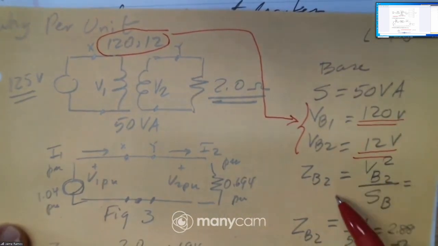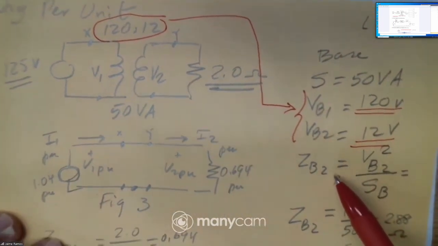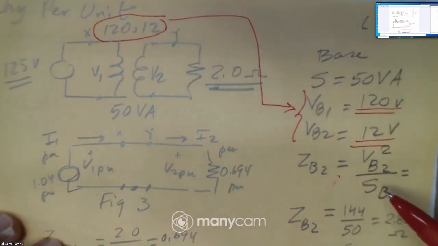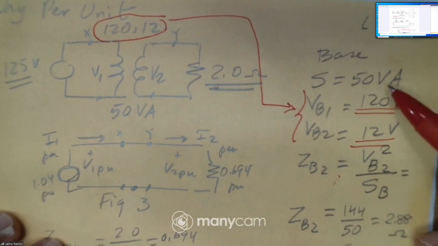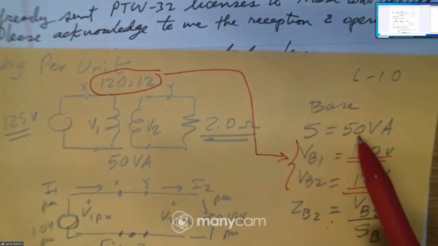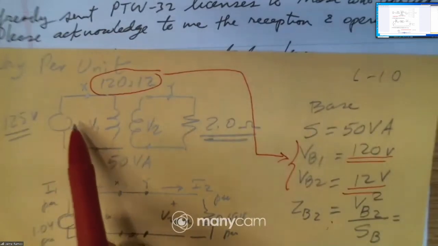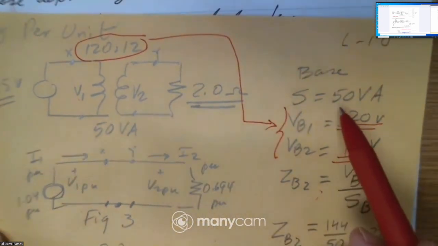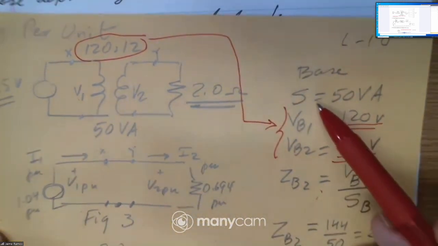Now we can get the impedances. Impedance is equal to voltage squared divided by base. There's only one base for power, because power in the primary is equal to power in the secondary. So we don't need two bases for power, only one.